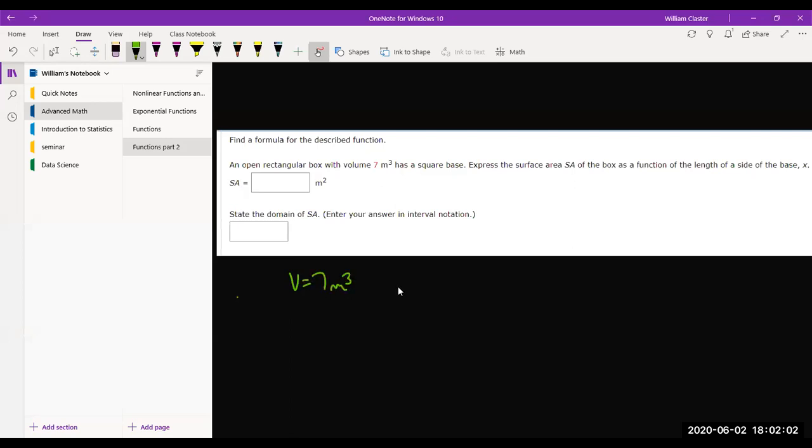And we have a box with a square base. This is x, and this is the height, which I call h. The volume is x squared h, and that equals 7. So we can say that h equals 7 over x squared, right?